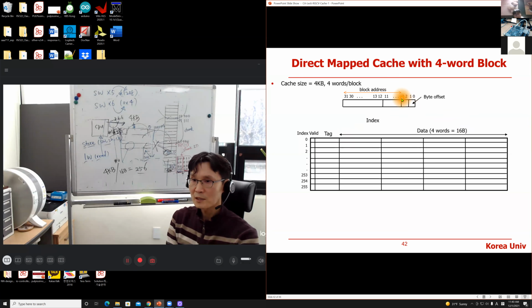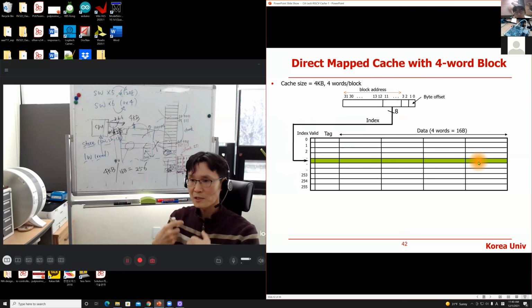The remaining 28 bits are the block address. Based on block address, you have to index the cache. Which bits are used to index? Because we have 256 entries, you use the next 8 bits to select the cache entry for lookup.